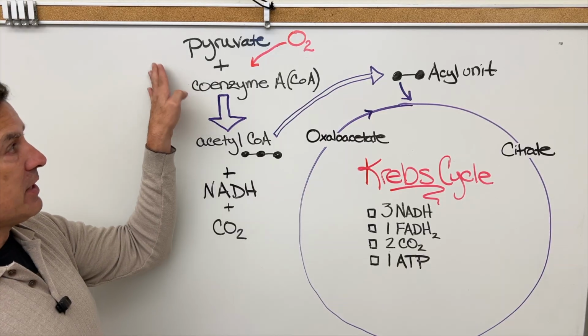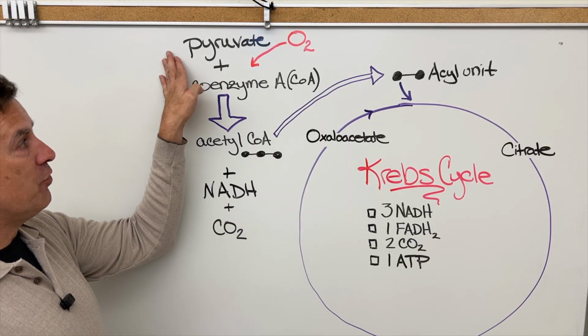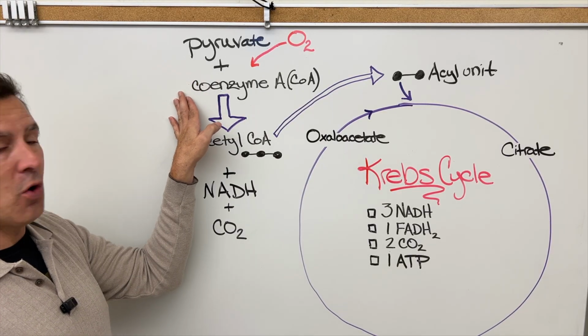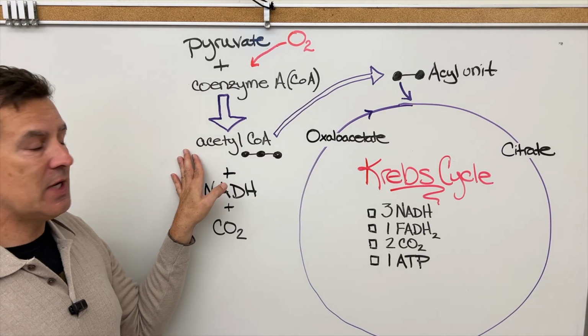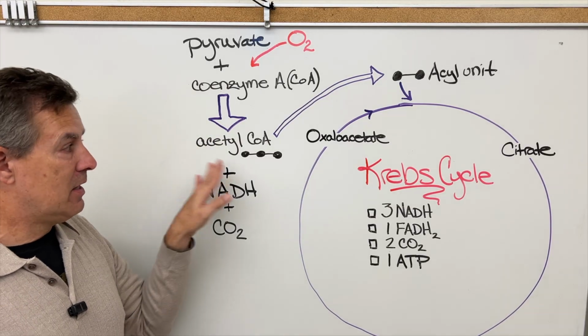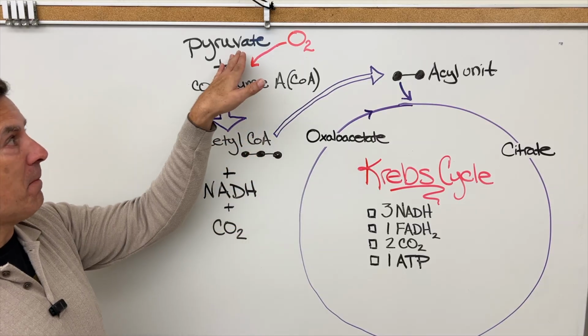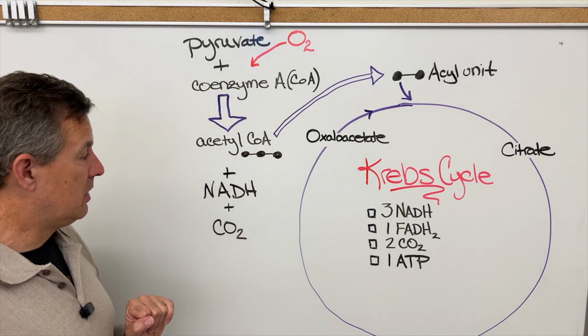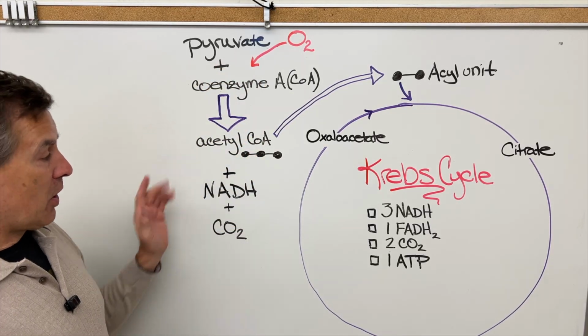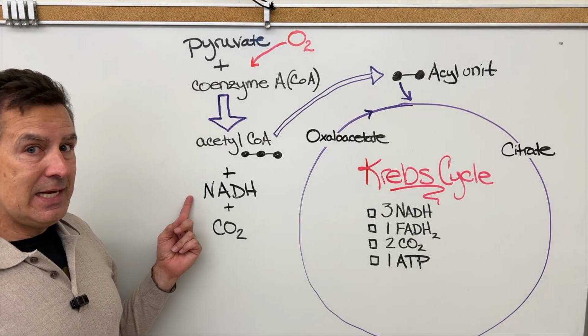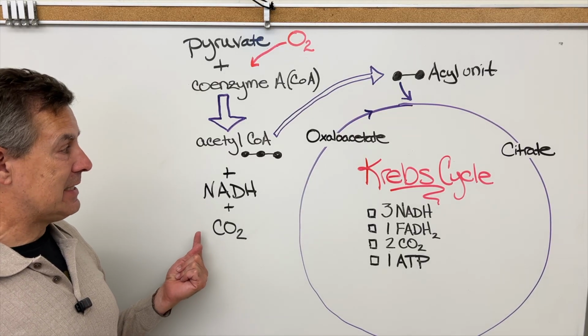Well, in the presence of oxygen, pyruvate is going to react with coenzyme A to produce acetyl coenzyme A. This is a 3-carbon molecule. Pyruvate's a 3-carbon molecule. This process is also producing NADH and CO2.